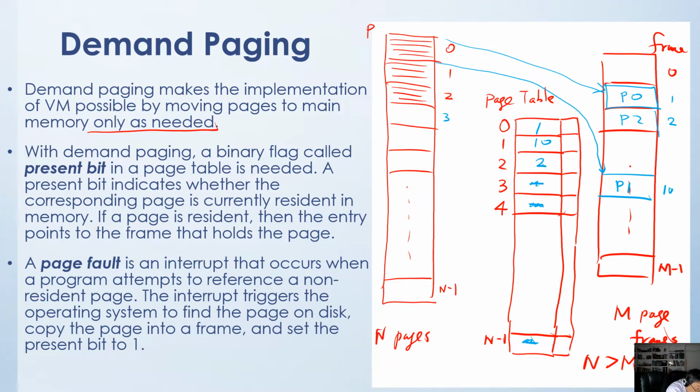So that's the page number, that's the frame number, and that's the present bit. The present bit is just 1 bit, and it reflects whether this page is loaded or not.